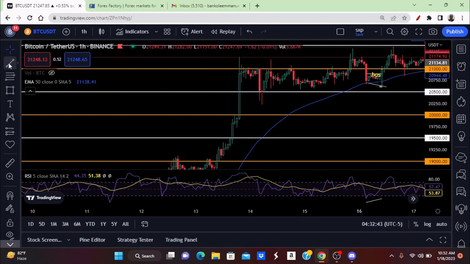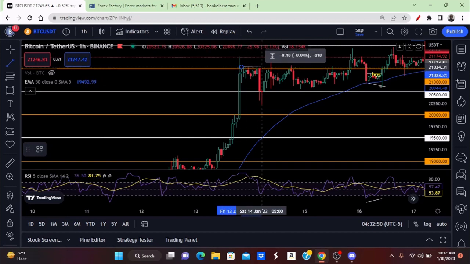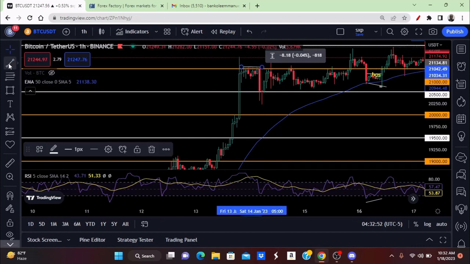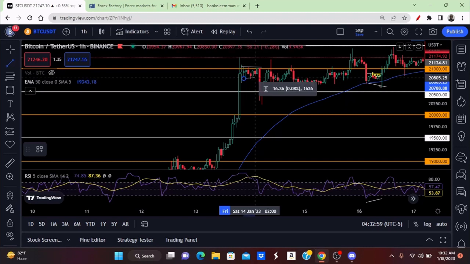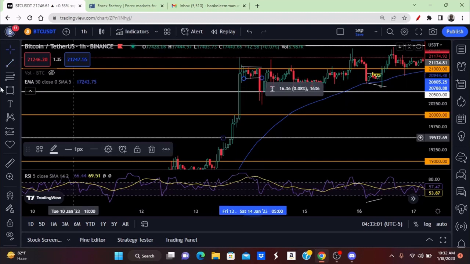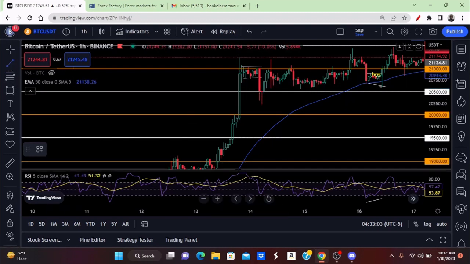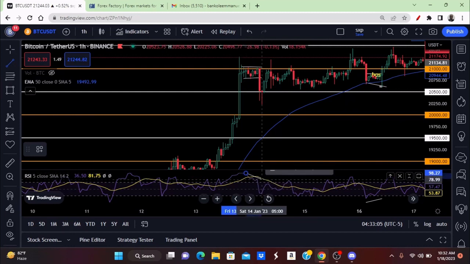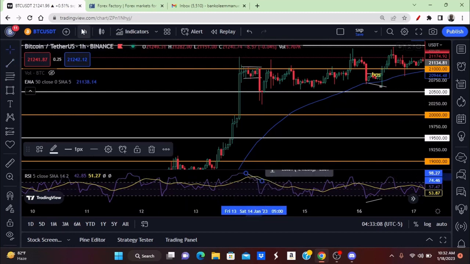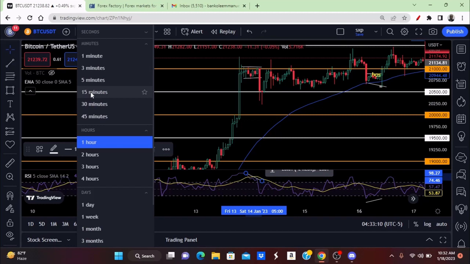Now this is an example of a bearish divergence. If you look at these candles, you see that price was consolidating at this area, and the RSI was showing us that there was a divergence around this area. So at this area, you want to come to your 15 minutes time frame.